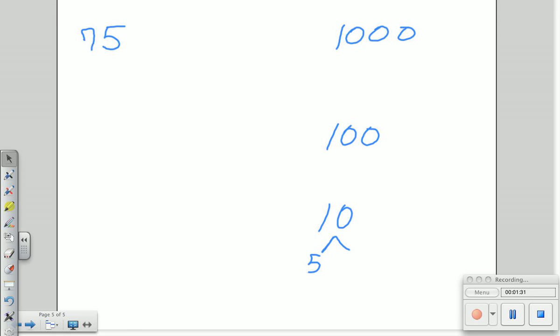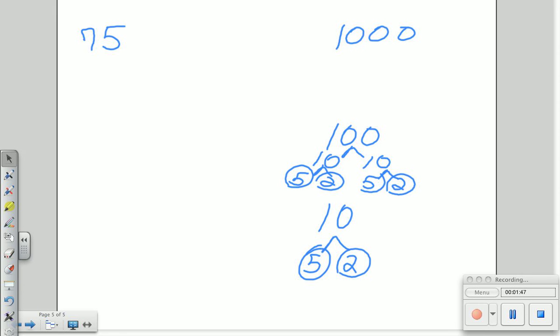If I look at the prime factorization of 10, it's 5 and 2. If I look at the prime factorization of 100, it's 2, 2, 5, and 5. See what we're doing?